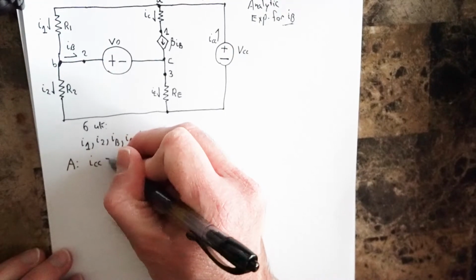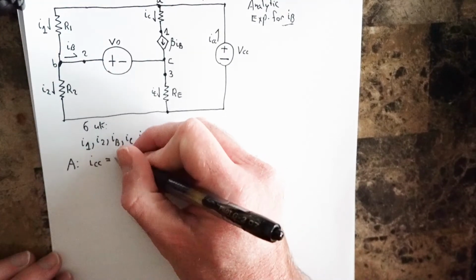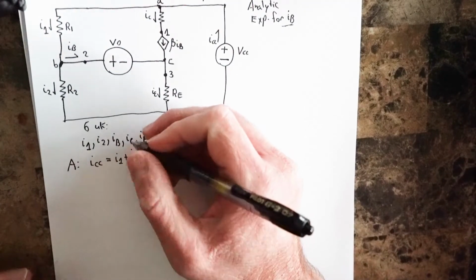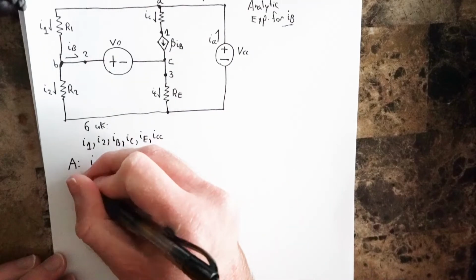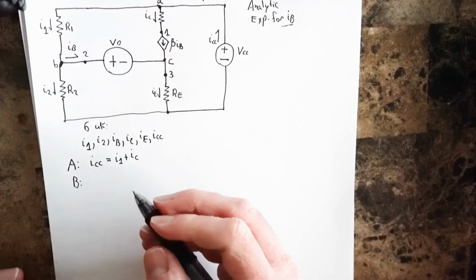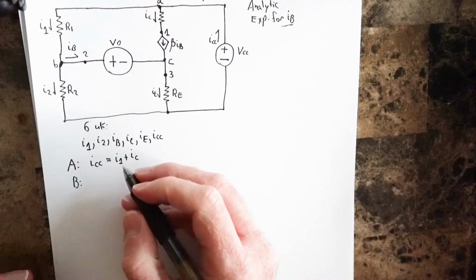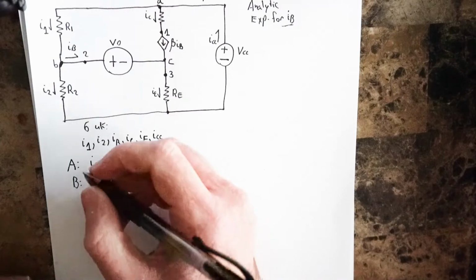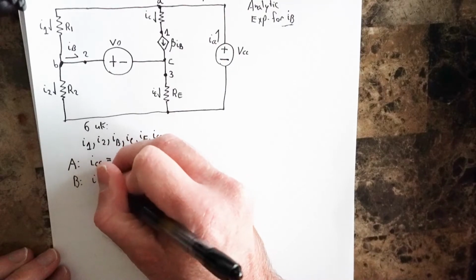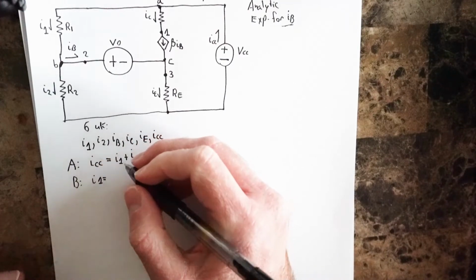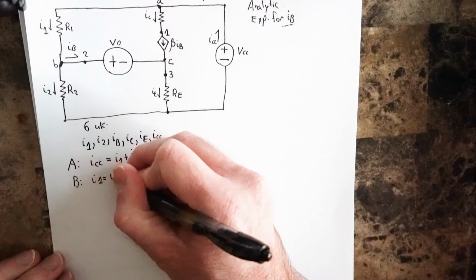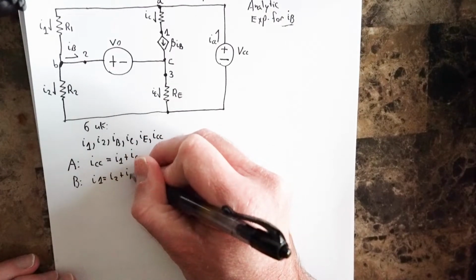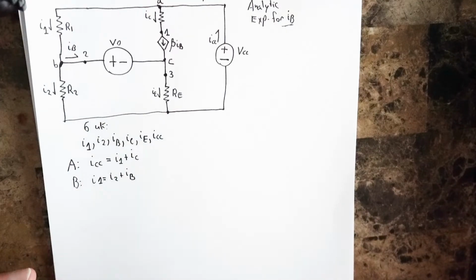But we know that at A, so up here, we're going to have IC entering, and then 2 currents leaving, in this case, I1 plus IC. Likewise, at node B, you're going to have a current entering. In this case, I1 is going to be equal to I2 plus IB.